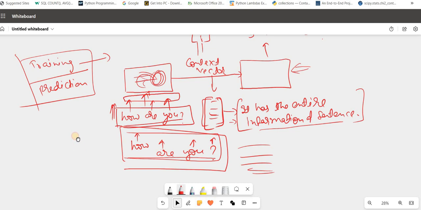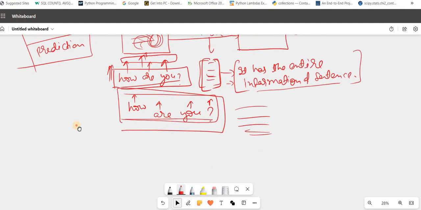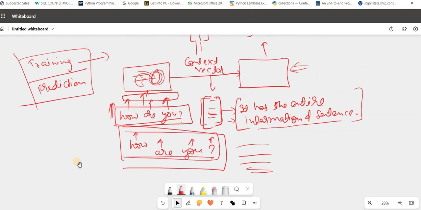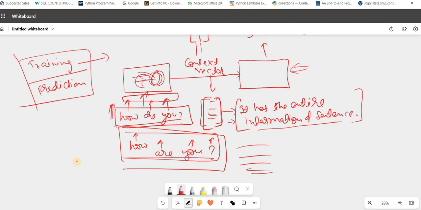Now here there is one very interesting difference between the encoder and the decoder. The encoder will take the entire sentence and then create the context vector. But the decoder will create a word at every time stamp.